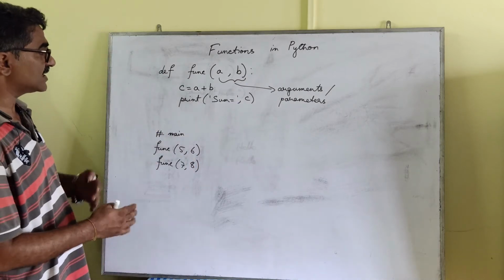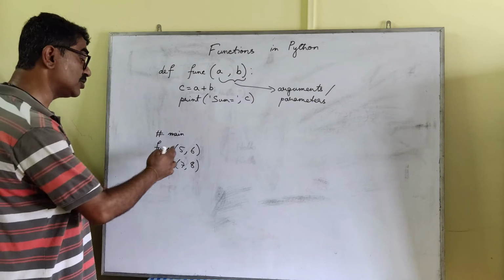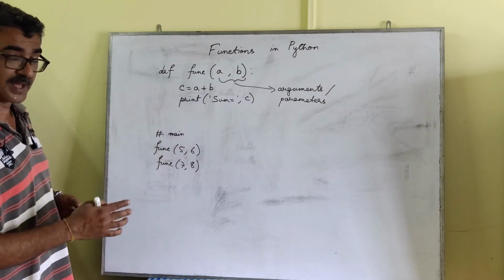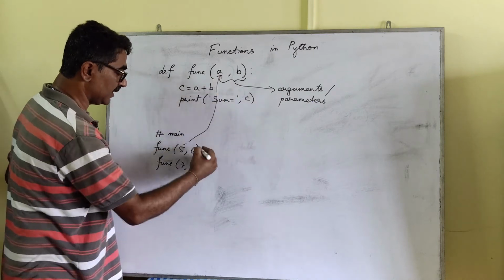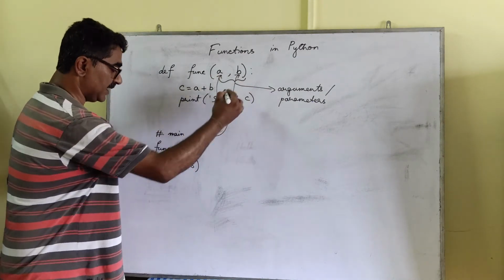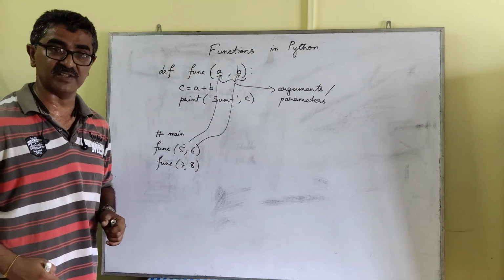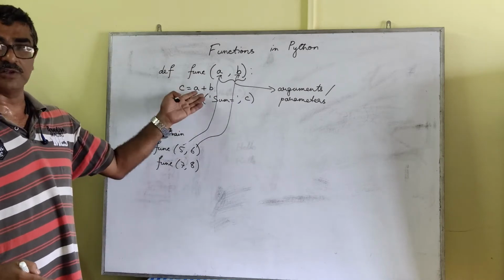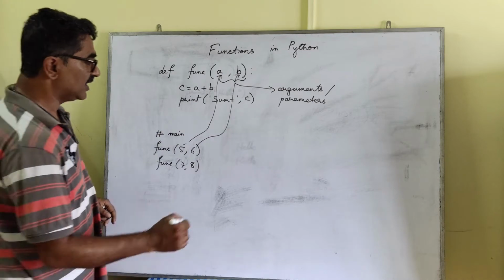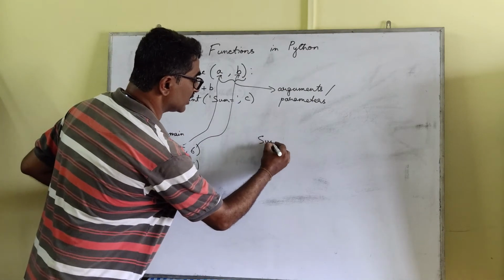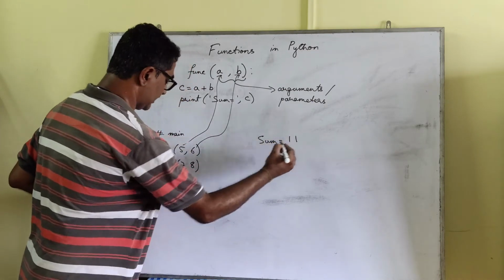Since we have two parameters, we need to pass two values to those two parameters. So I am passing 5 to the first parameter, that is variable a, and 6 to the variable b. So the values of a and b are 5 and 6 respectively. So c equals 5 plus 6, which gives me 11. So print sum equal to c will display sum equal to 5 plus 6, that is 11.